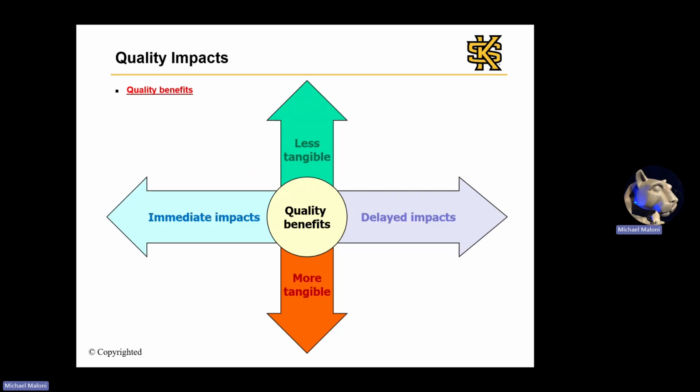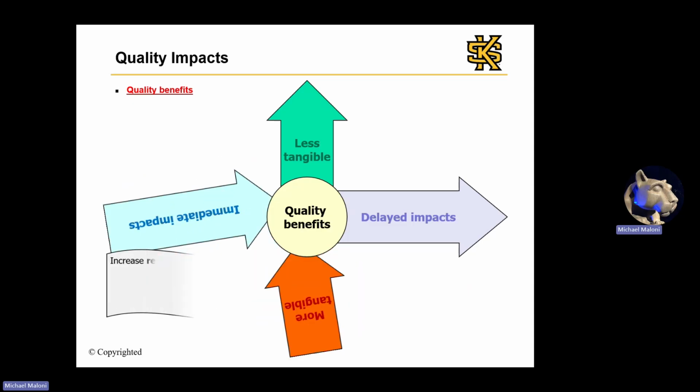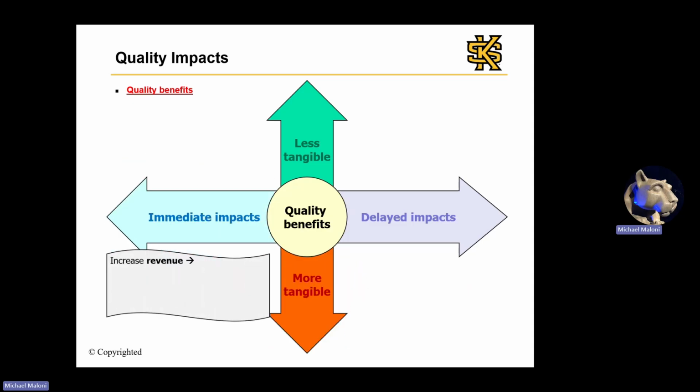So let's consider tangible, meaning easily measured, and immediate quality benefits, which may include increasing revenue, more sales, or reducing costs. Or a subset of costs are reduced labor costs via lower headcount and less overtime. And then we can also accelerate cash flow to help the organization get cash back faster.